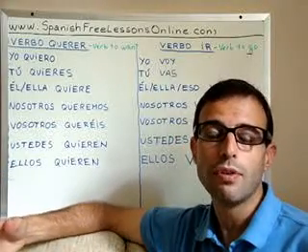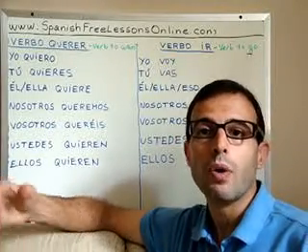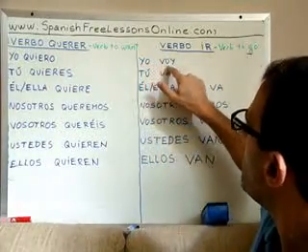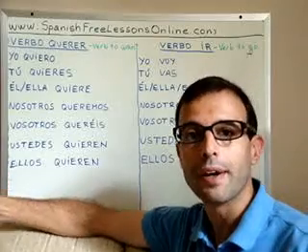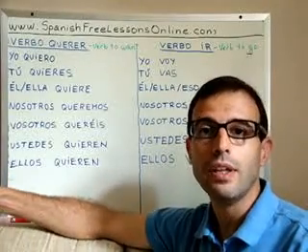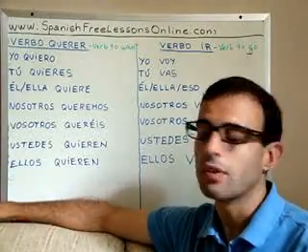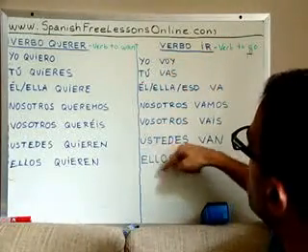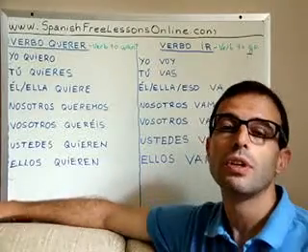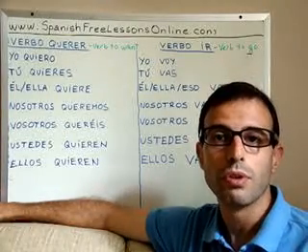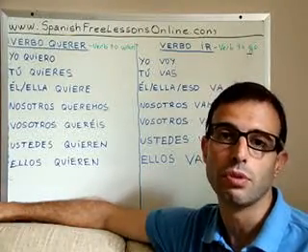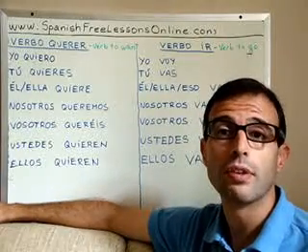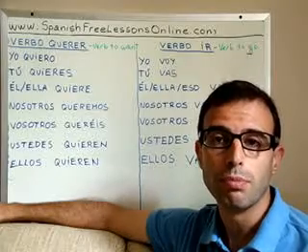The example I just gave you was, if you want to say I will eat, you say yo voy a comer. Comer means eat, right? So this verb ir, knowing how to conjugate it, will give you another very important tool to add to your Spanish knowledge, and this will help you to be able to speak in the future.